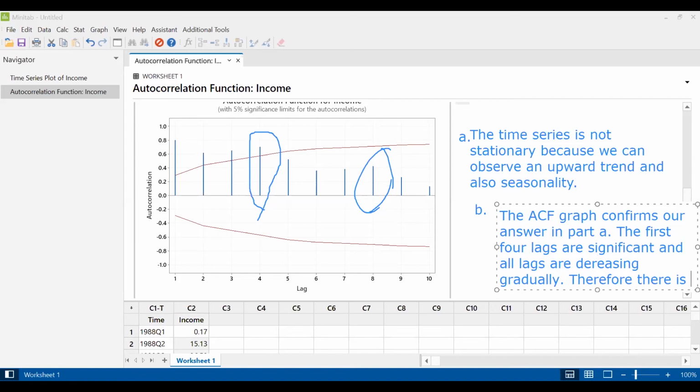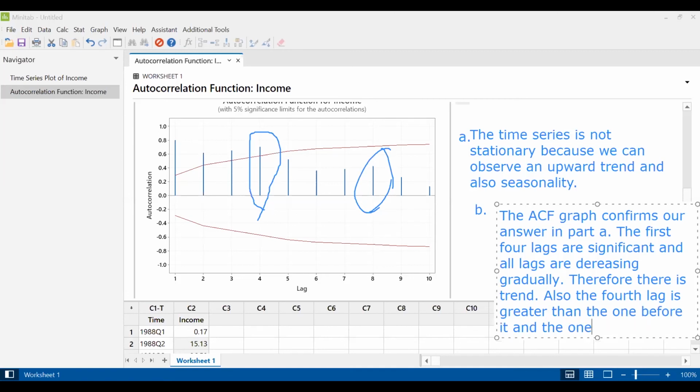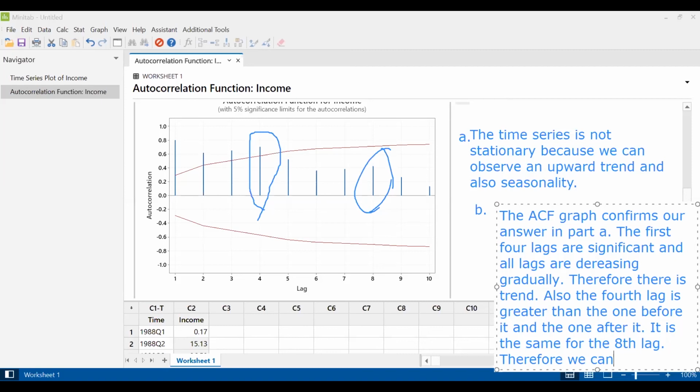Therefore, there is trend. Also, the 4th lag is greater than the one before it and the one after it. It is the same for the 8th lag. Therefore, we can tell there is seasonality.